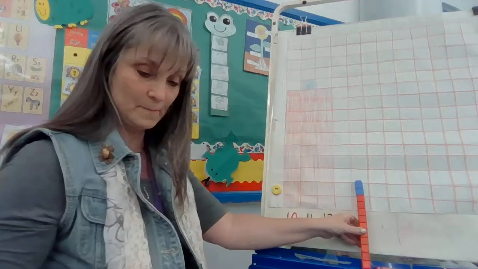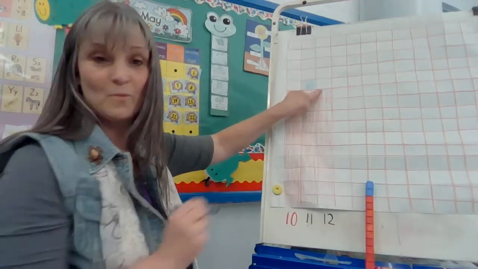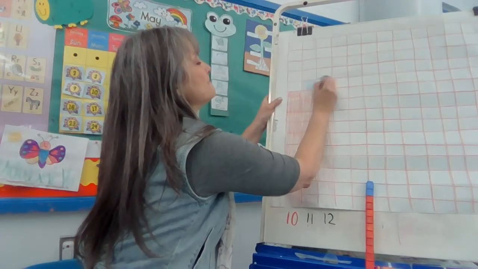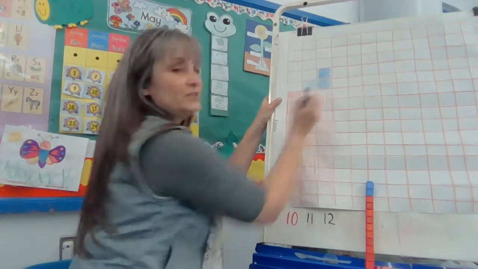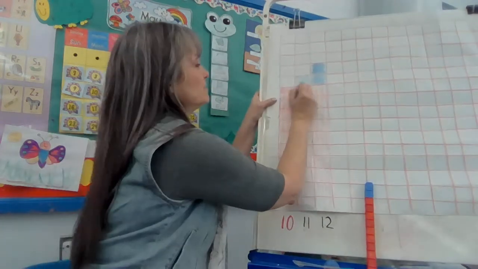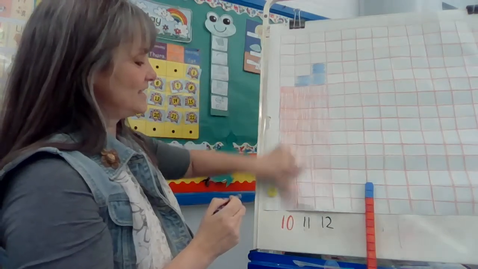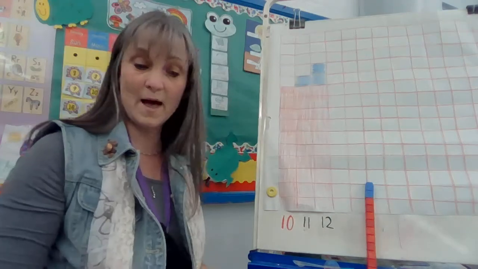That's 12. 10, there's the red ones. And how many blue do I color? 2. I'm coloring it a little darker. Can you see that? Here's the blue. 10 and 1 is 11. 10 and 2 is 12.